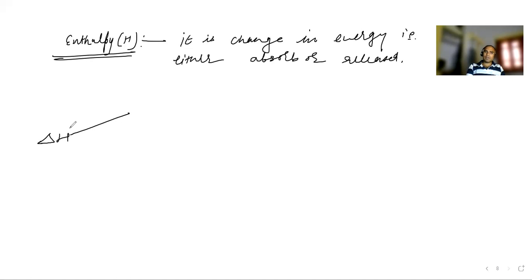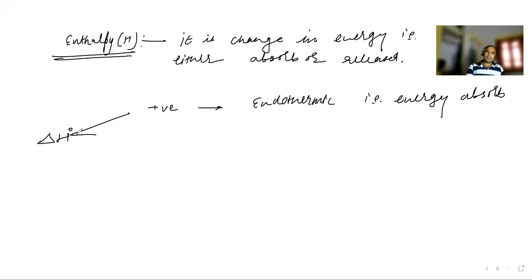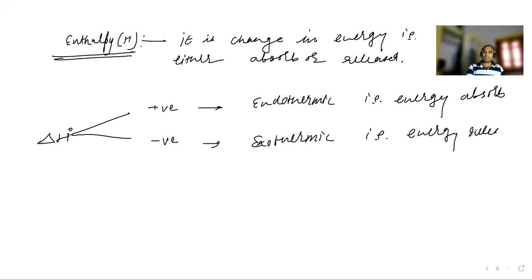So that is enthalpy, delta H naught, if you are writing. If it is positive, it is going to be endothermic, that is, energy absorbed. The second one, if it is negative, that is exothermic, energy released.